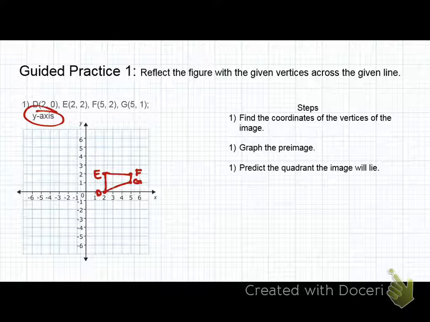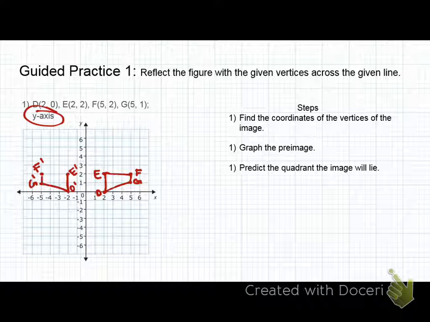X, good. So all you have to really do is flip the x. So you should have an E prime here, D prime here, F prime here, and then G prime here. And then you draw your figure, which is the trapezoid that's reflected across the y-axis. Does that make sense, everyone?